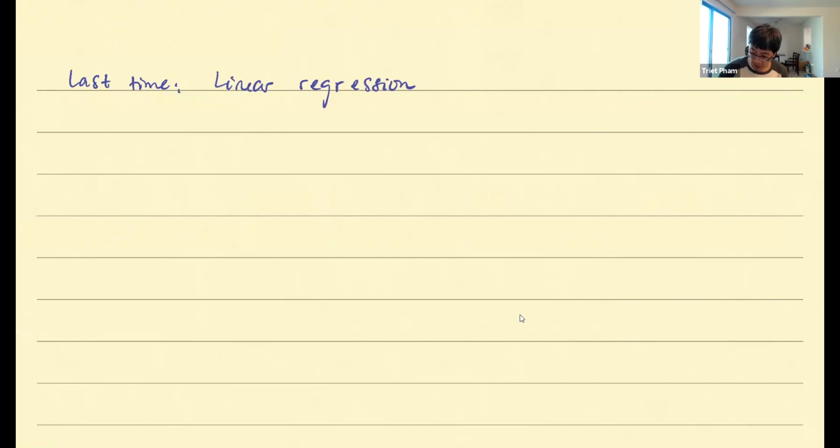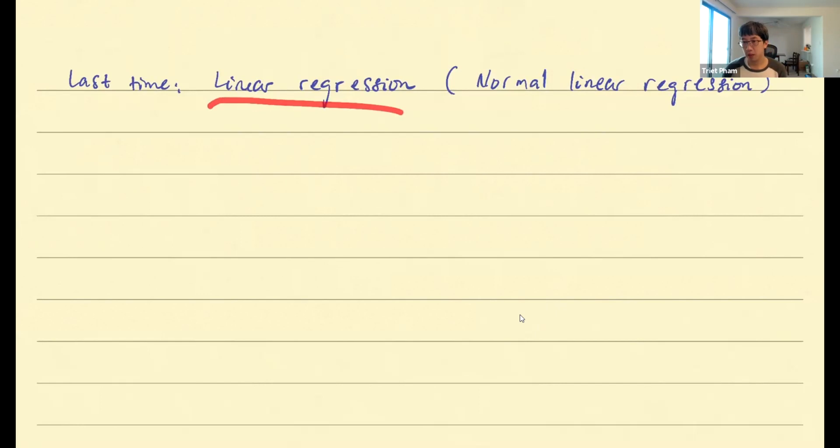And to emphasize the model that we're using, the actual title in the textbook, they call it normal linear regression. But usually when you say linear regression, the assumption is that you're discussing the normal linear regression model anyway.